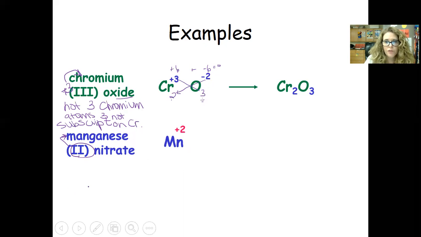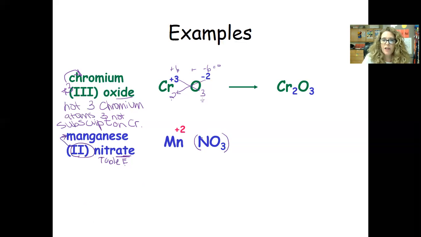You have to write your own formulas based on the charges. So now nitrate, right? This matches table E from your reference tables. So I'm going to go to table E. You copy down the whole thing for nitrate. I like to put this in parentheses, right, just in case I need more than one. The polyatomic ion functions as one group.